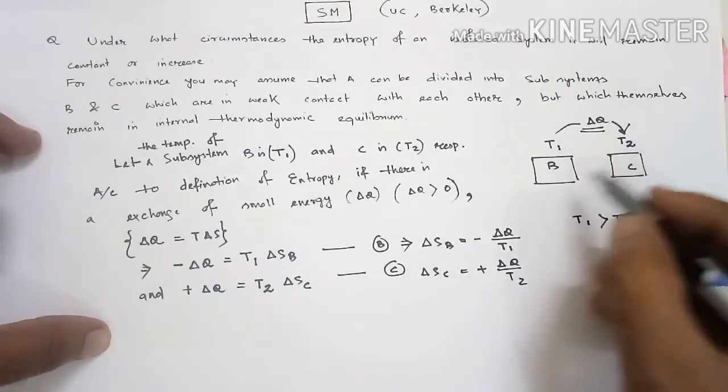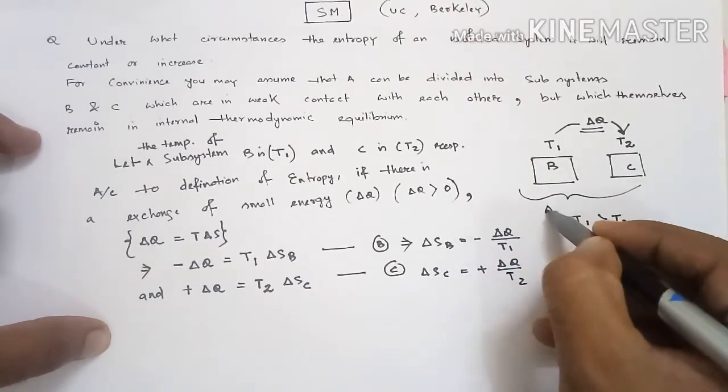So these are our two subsystems and the whole system is A.